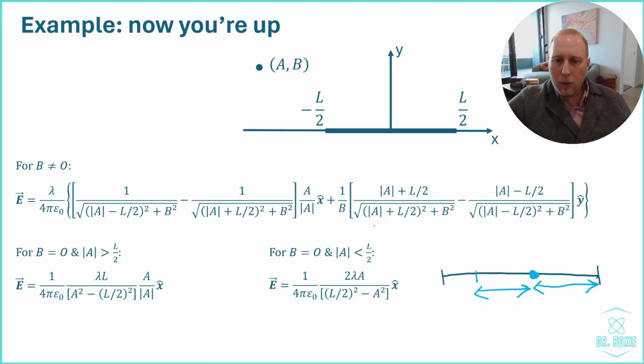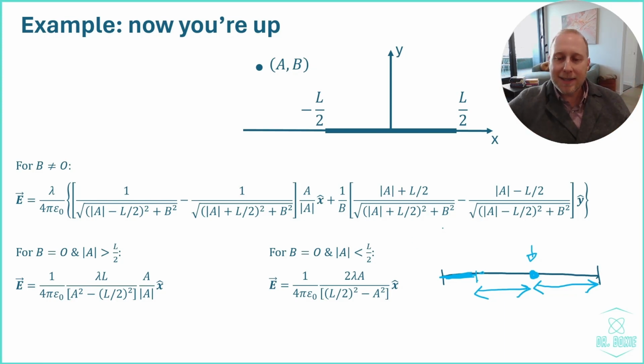That means that all these points to the left of it create an electric field at the point in question. All the points to the right of it create an electric field, and those two cancel each other out. And so the net electric field at that point is only due to the portion of the rod further away from it, the part that is actually not cancelled out by the portions left and right of it. And so that is how I calculated the electric field at every point within the rod, by simply neglecting the parts of the rod that cancel each other out.